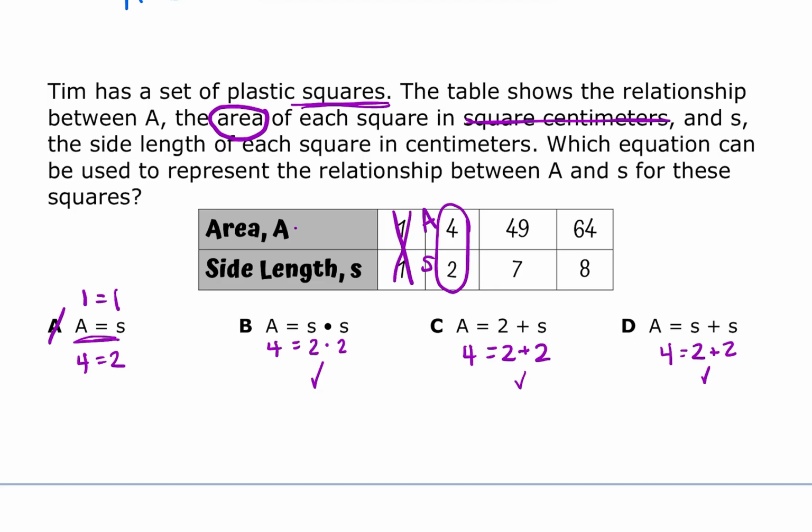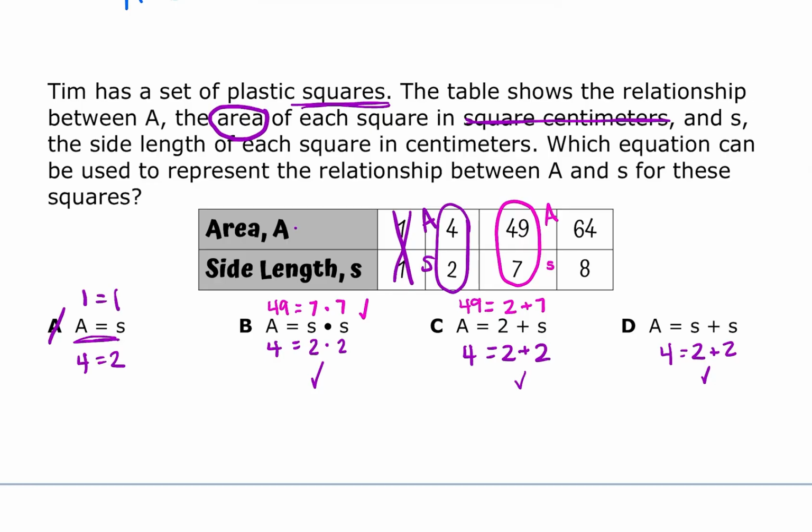Okay, so now let's pick a different row. Because now I need a different A and a different S. Okay, so now my A is 49 and my S is 7. So I have 7 times 7. Does that equal 49? Yes. 2, and then my S was 7.